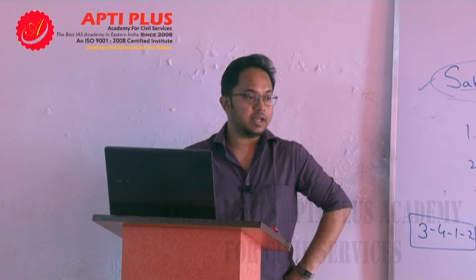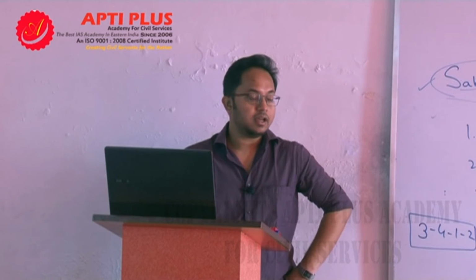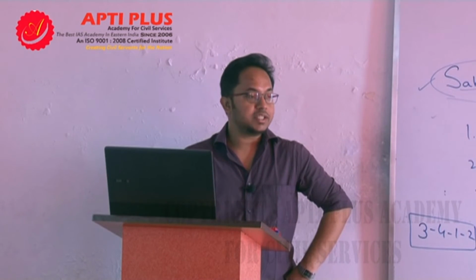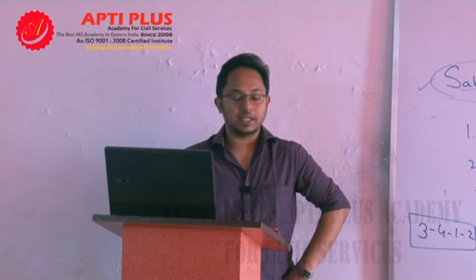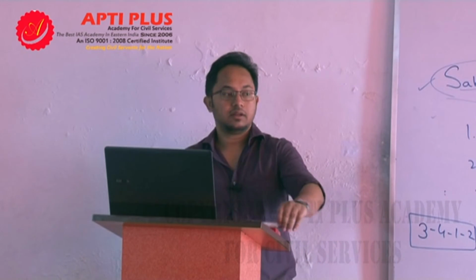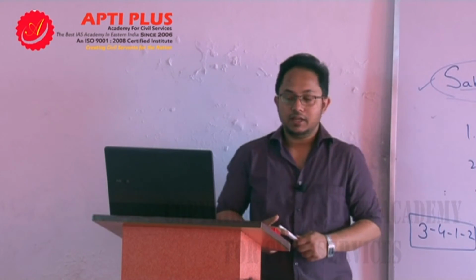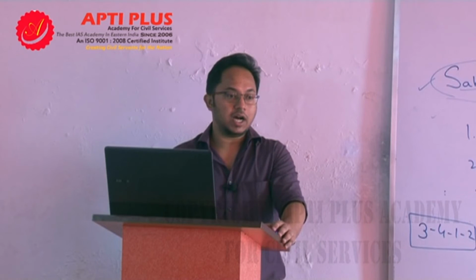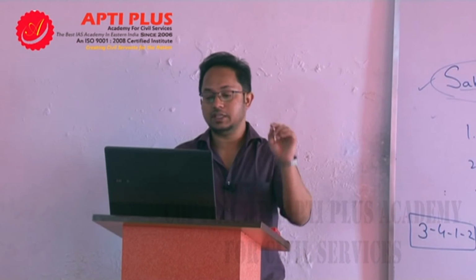There are multiple rivers which flow into this particular sea. Among them the important rivers are one Volga, two Terek. These are from Russia, and from the east we have the Ural river, U-R-A-L.